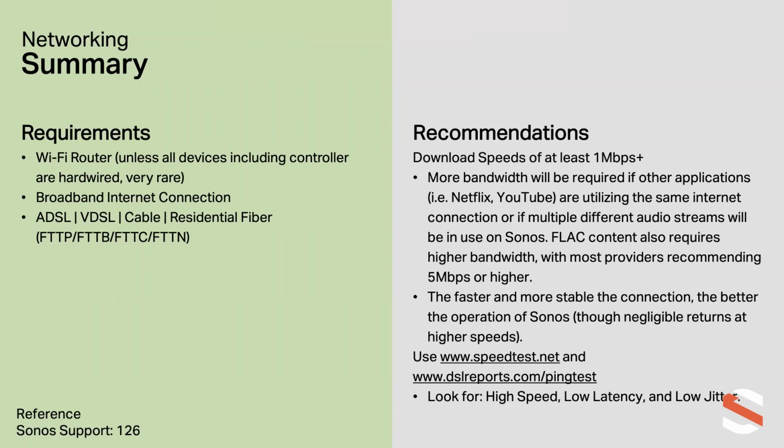We recommend a minimum of 1 megabit per second. Now, that is a minimum. I mean, we're talking like that is minimum to set up Sonos, right? There are things to consider when you're making sure your customer has the right internet. And this is kind of pre-qualification stuff, right? I'm sure you all can attest to, sometimes you walk into a network and you're like, hey, this is 2021 or 2022.